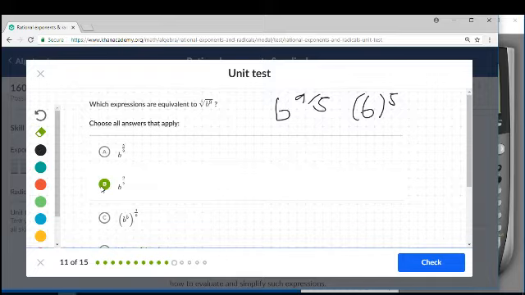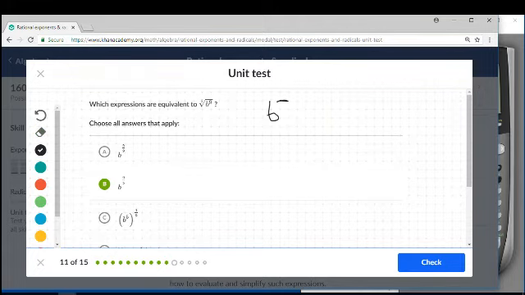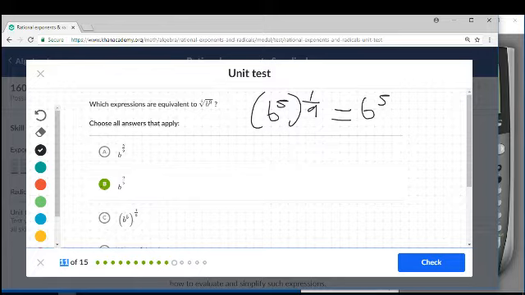Let me write. I want to break down option C. b to the 5 to the 1/9 power is going to be equal to b to the 5 times 1/9, which is equal to b to the 9/5. So C is also correct.